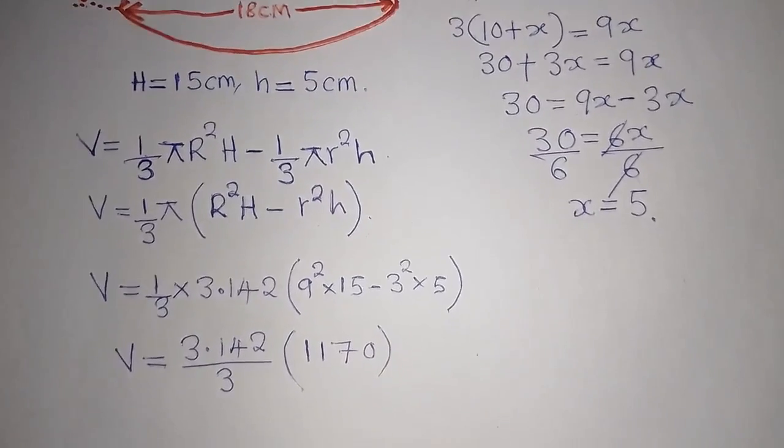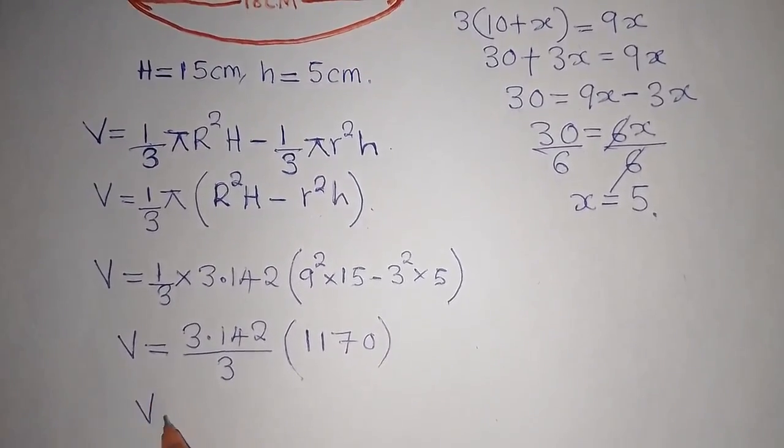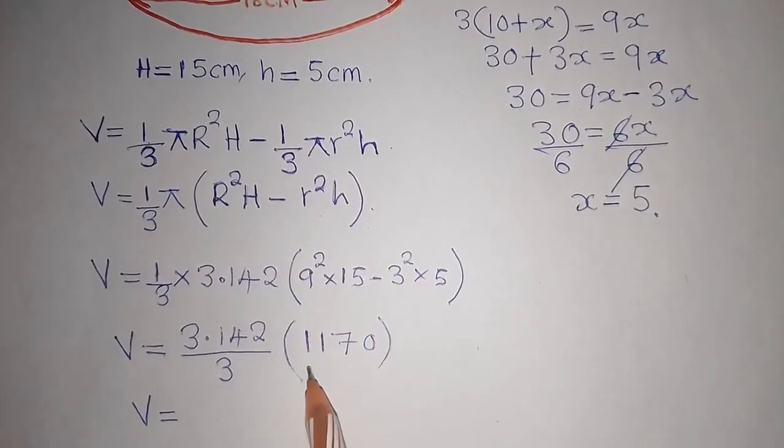So this is equal to now, the same answer there, I multiply it with this. So you say 3.142 over 3 times that answer now. The same answer, it is displaying on the calculator, times 3.142 over 3.